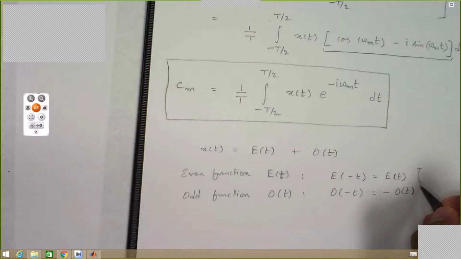So this is the definition of an even and odd function.